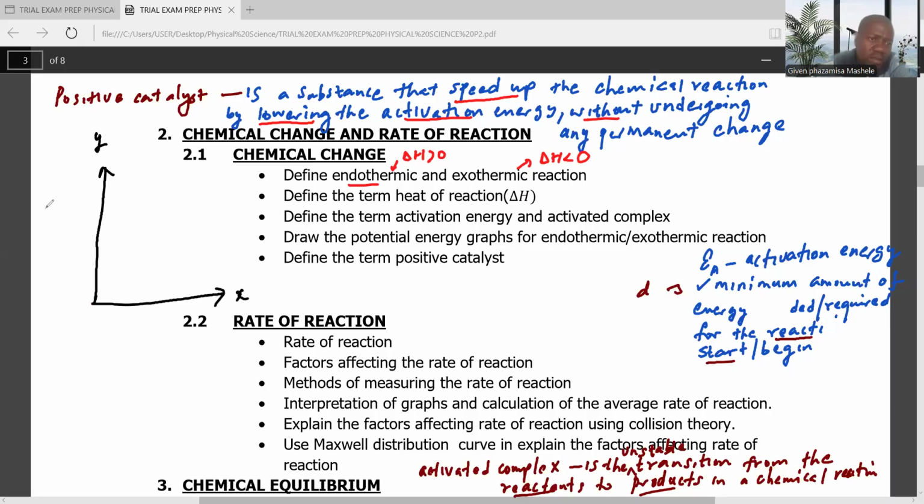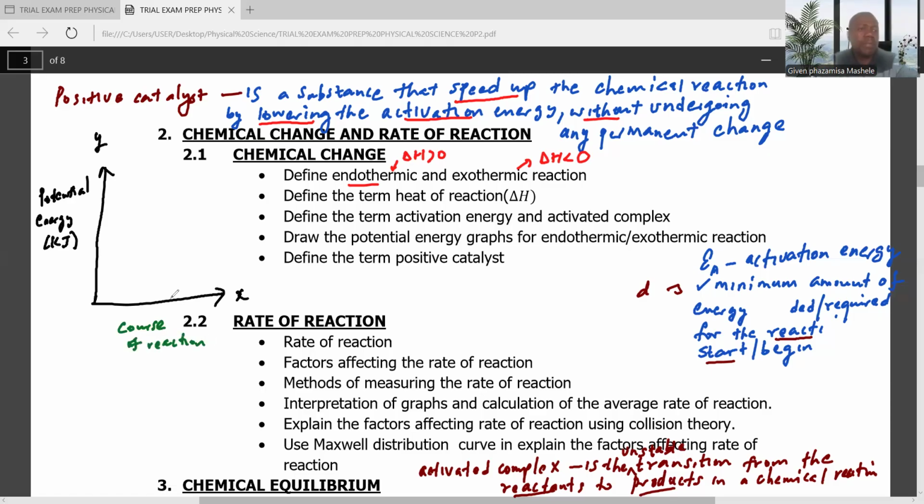This is potential energy, for now in kilojoules, and this side will be the course of reaction.